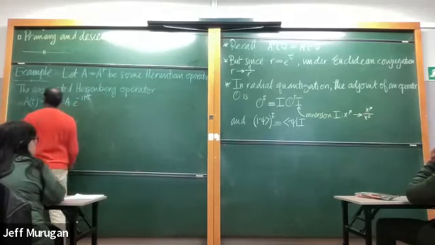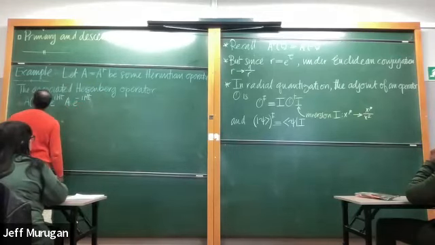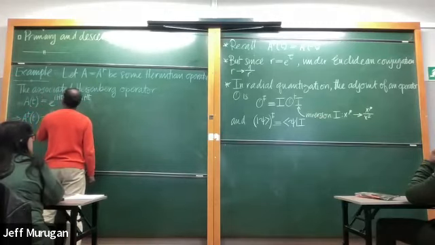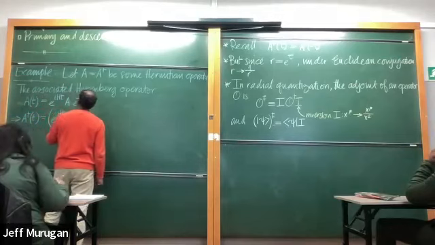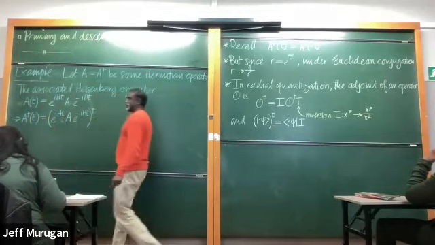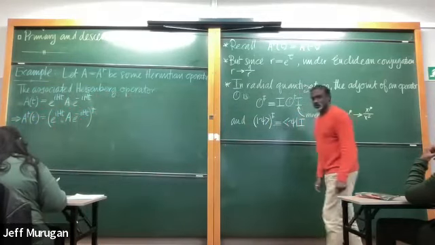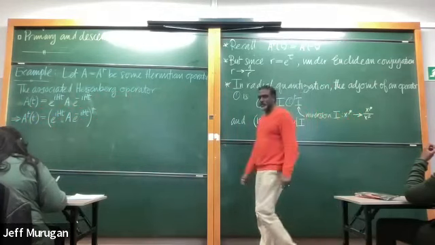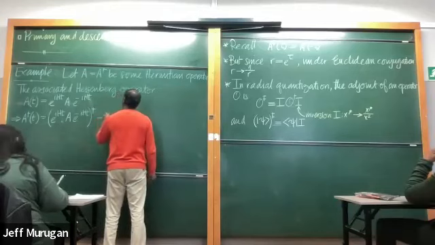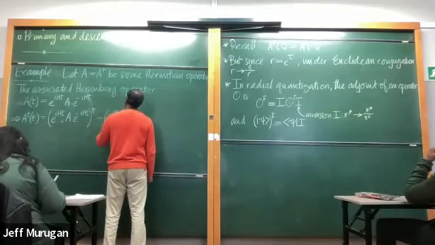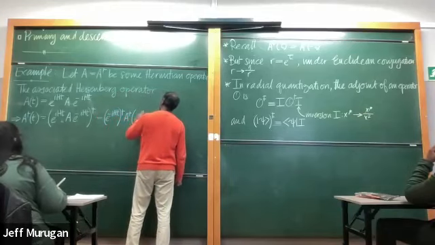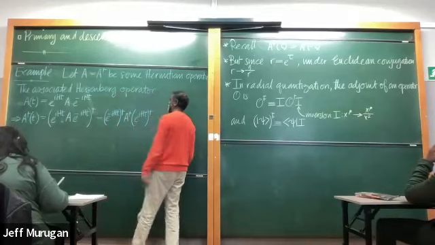So if I find A dagger of t, this is e to the i H t, A, e to the minus i H t, all conjugated. Conjugation of AB is B dagger A dagger. So this is just e to the minus i H t dagger, A dagger, e to the i H t dagger.